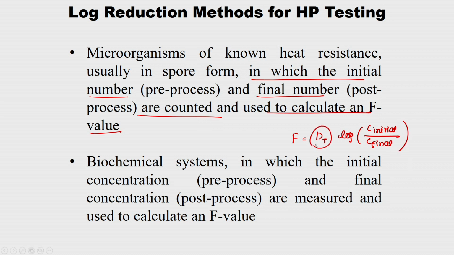This D value is for a 1 log reduction of enzyme activity, right. Time versus enzyme activity: for 1 log reduction, how long does it take? That is dt here, with the initial and final concentration of the enzyme.